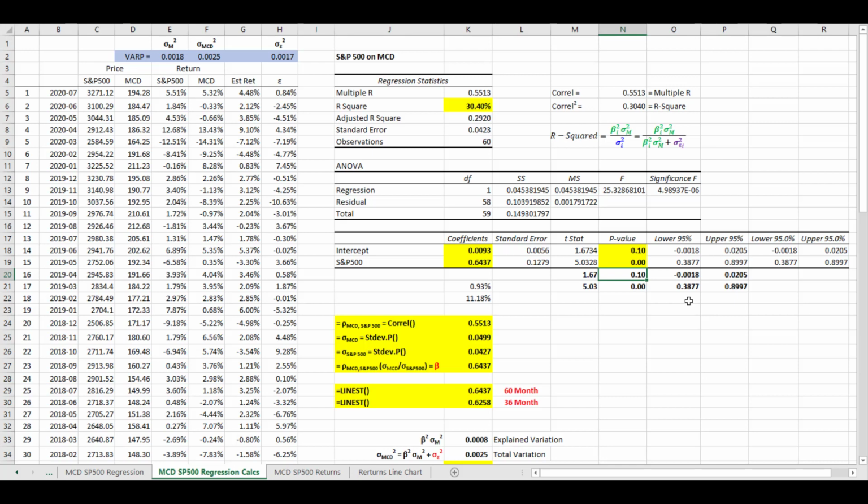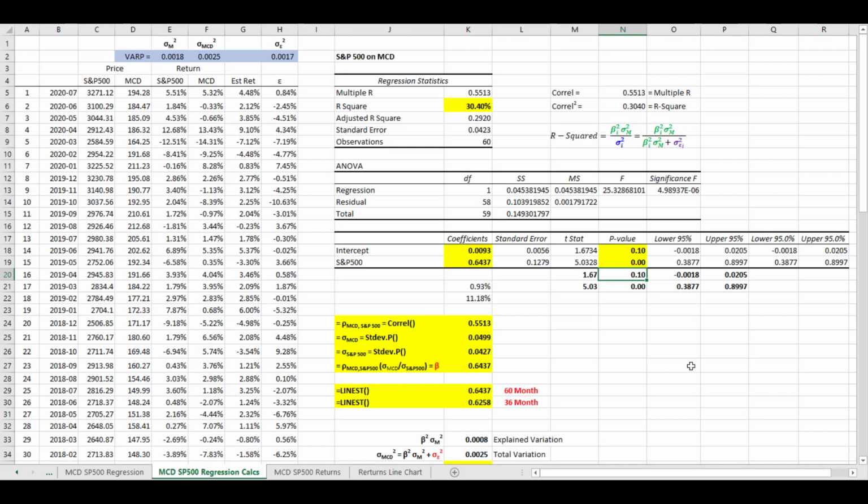The p-value is effectively telling me the area under the curve that's outside this area. To get that, I use the t-dist function, and so this is going to equal t-dist, and that's going to be the degrees of freedom, which is the number of observations minus the number of things I'm attempting to estimate. I'm estimating two things, an alpha and a beta, and number of tails.